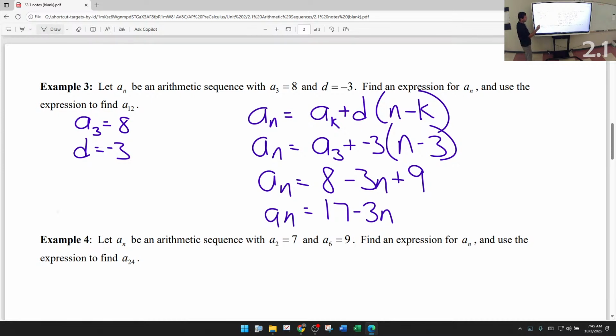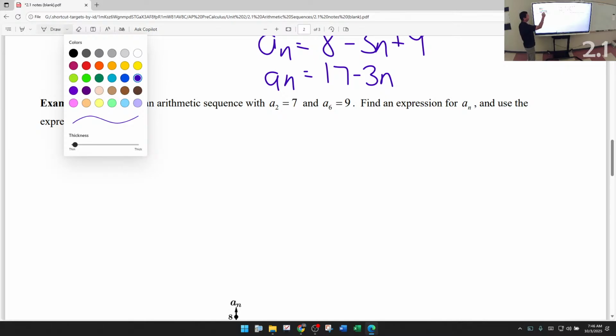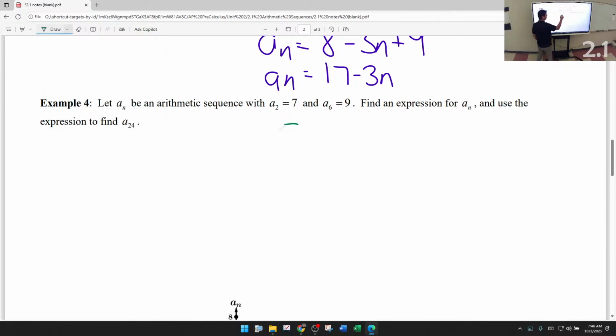We'll do it again. Because this particular one here, they didn't give me D. They told me that A sub 2 is 7, and A sub 6, I just changed my A's up, is 9.